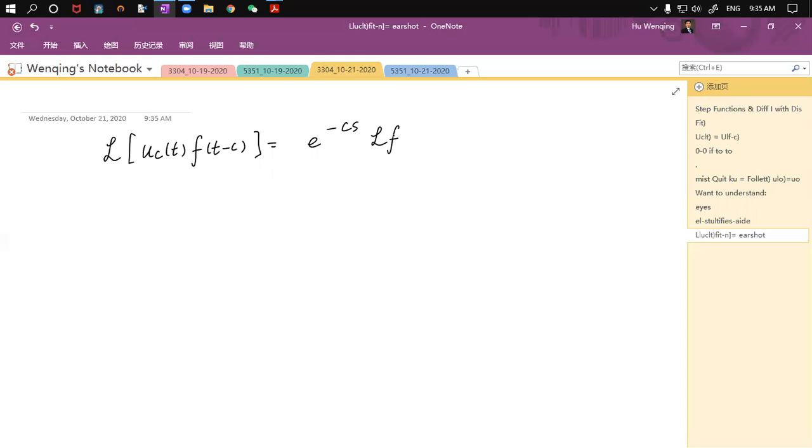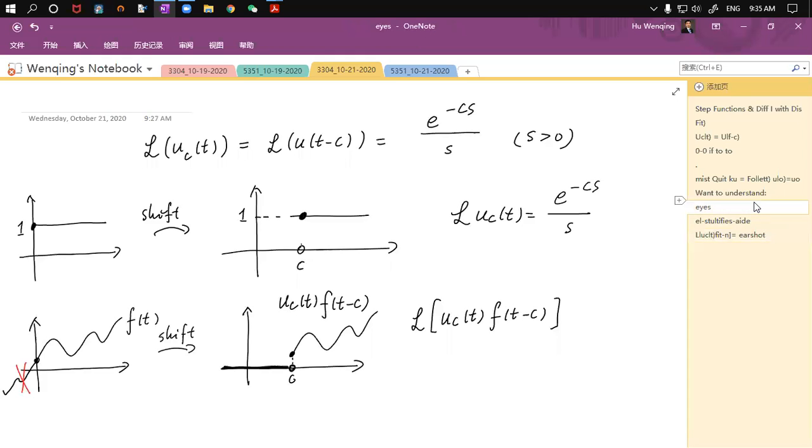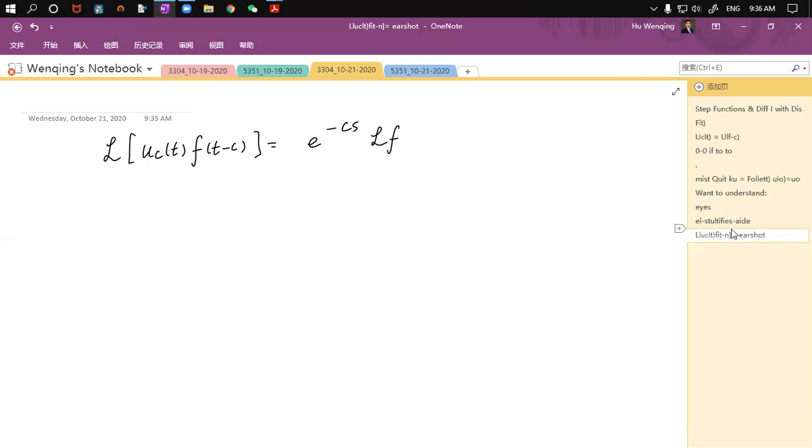What happened here is that you shift the function f of t into the function u_c of t multiplied by f of t minus c. You shift the function to the right. So that's like an ordinary shift on the pre-image, and then it results in a shift on the transform.